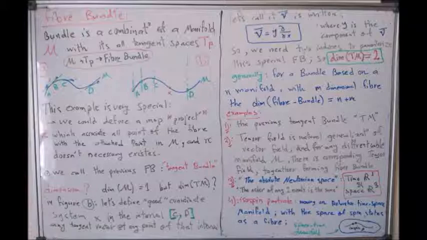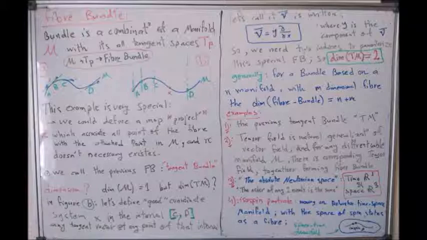So n plus m. And here finally we will give some examples. The previous example is the so-called tangent bundle, which is a very special case, as we explained previously.